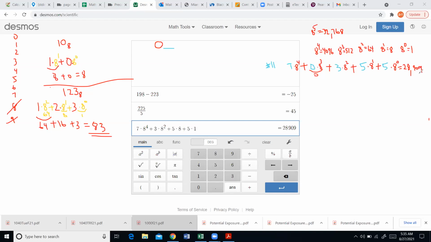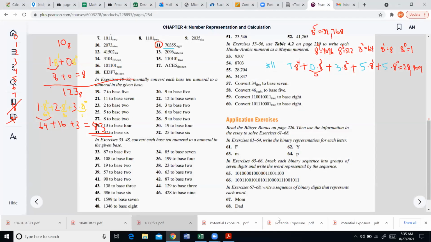So in the base 10, so we don't put 10, the number they had, let's see, where is that number? Well, I better just go back so you can see it here. So the number we had, which is 703 and 55. So in the base 8, that's like 70,355. But that's in the base 8, so it's not really the thousands.